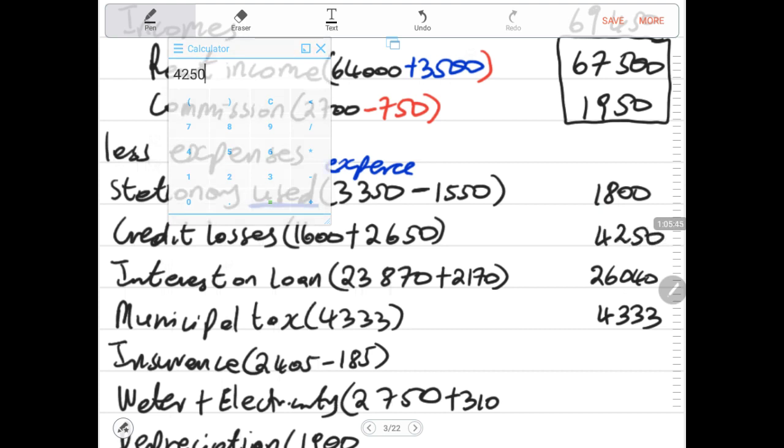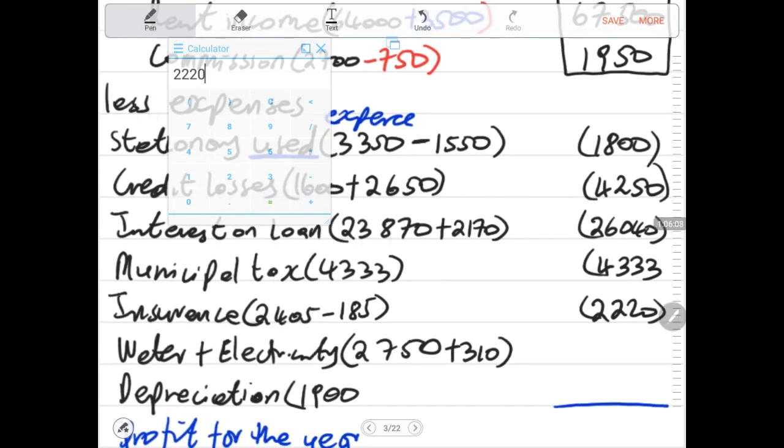Then we have insurance, which is 2,405 minus 185, that was paid for April. We have 2,220. I prefer to write them in brackets, although I said minus or less expenses. 2,220.